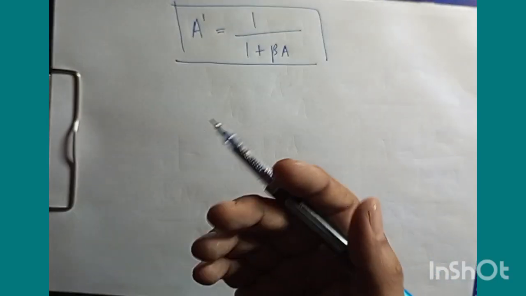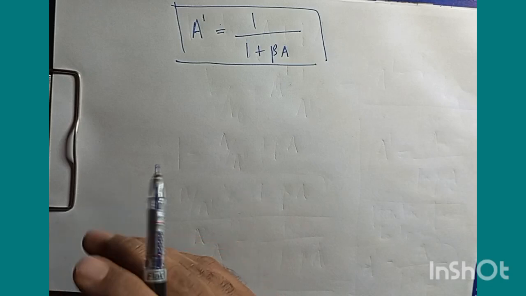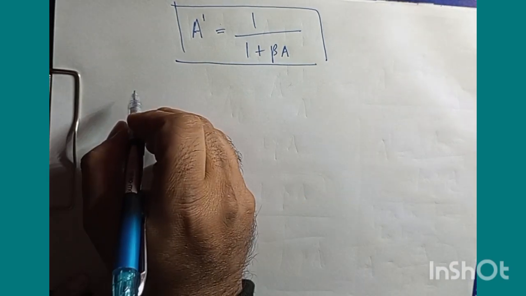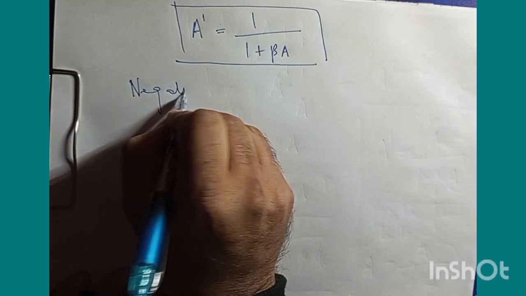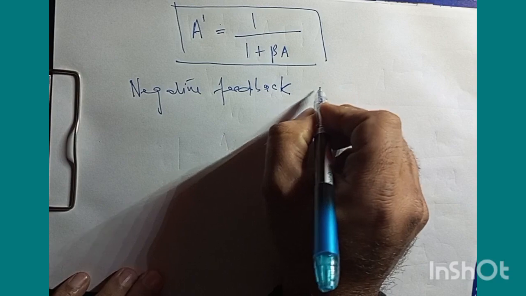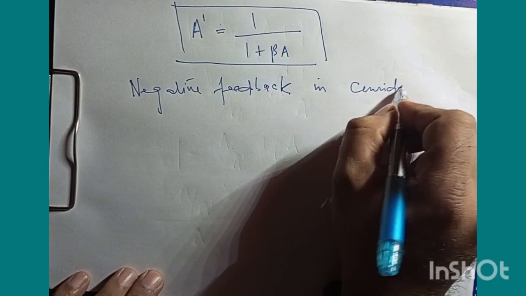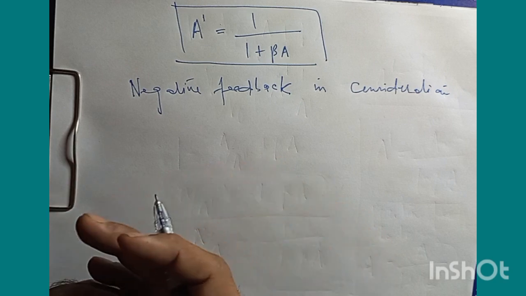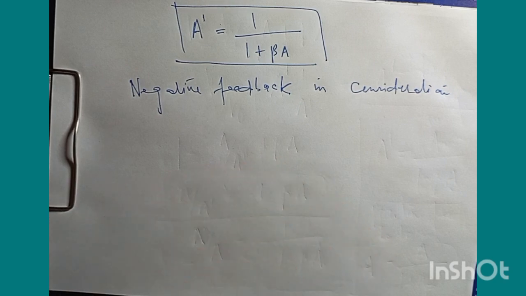So in order to proceed from here, what I am supposed to do is that I want to take negative feedback into consideration, since negative feedback has a range of properties that make it very plausible to use, because by making use of negative feedback we are able to stabilize the working of an amplifier.